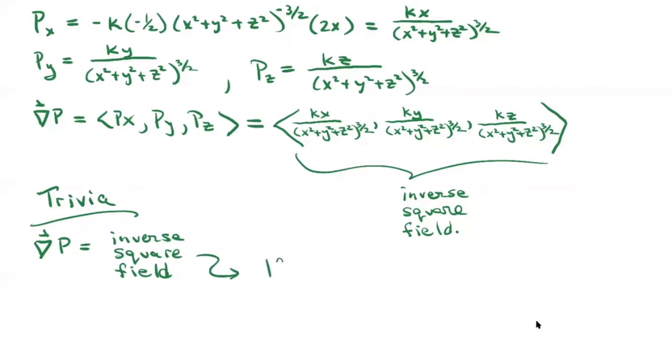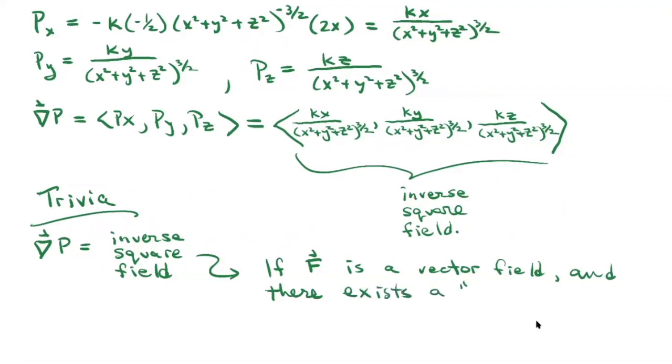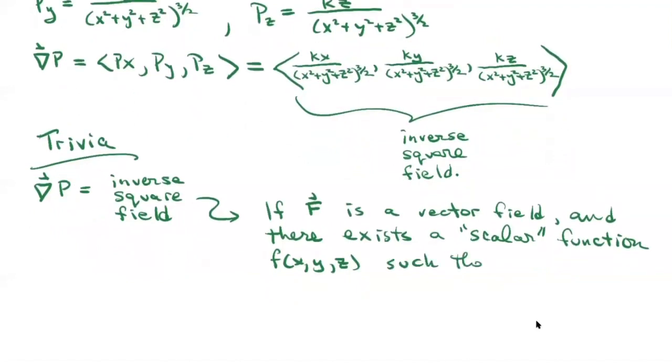So if big F is a vector field, and there exists a scalar function, little f of x, y, z, say, such that the gradient of little f is big F. Of course, this is little fx, little fy, little fz.